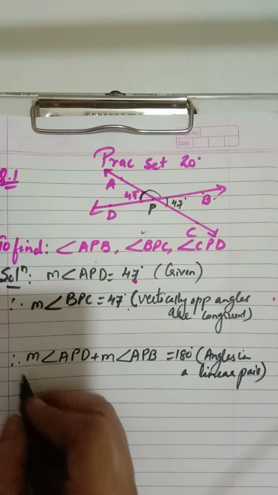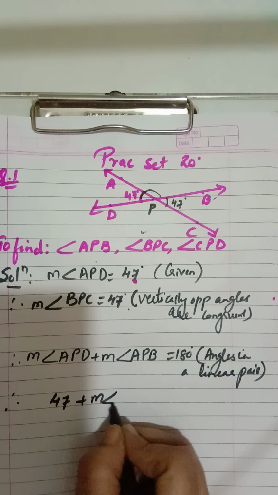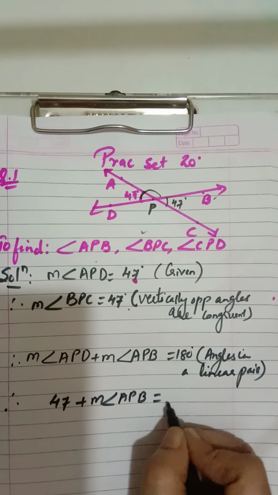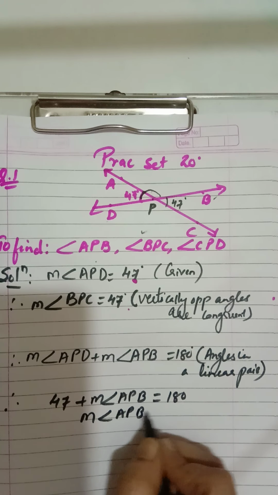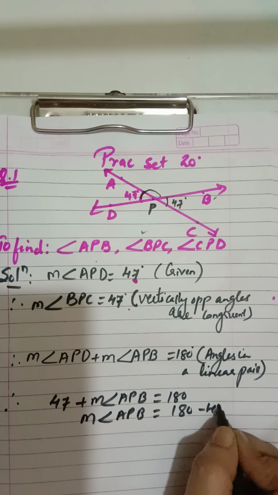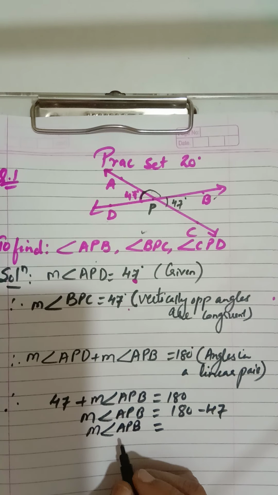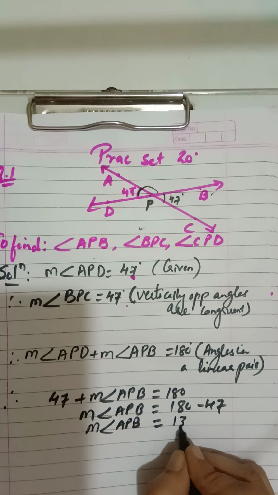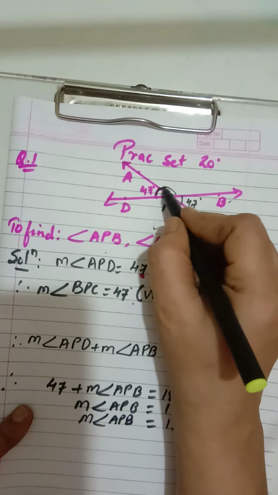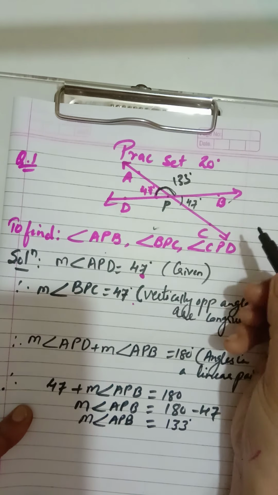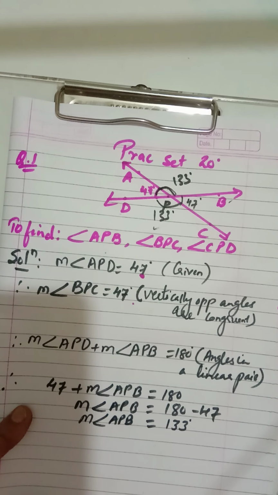Now therefore, APD is 47 plus measure angle APB is equal to 180. So measure angle APB will be 180 minus 47, and that is equal to 133 degree. Okay, so if this angle is 133 degree, then its vertically opposite angle, that means this angle, also will be 133 degree, right?